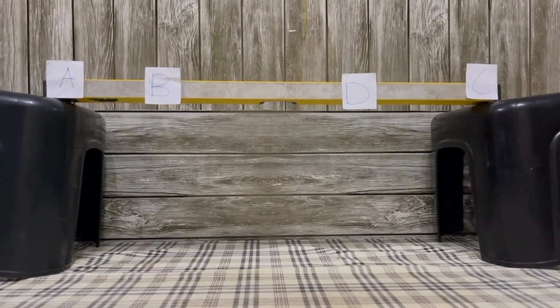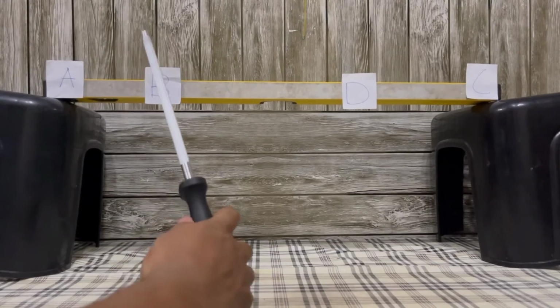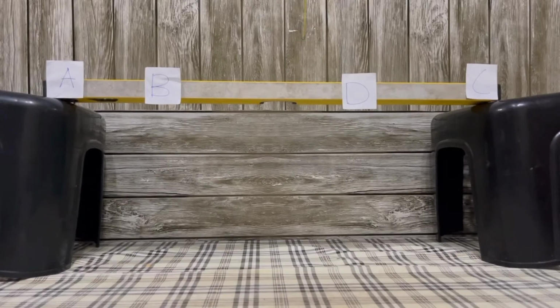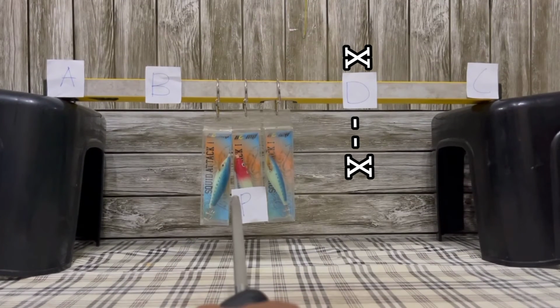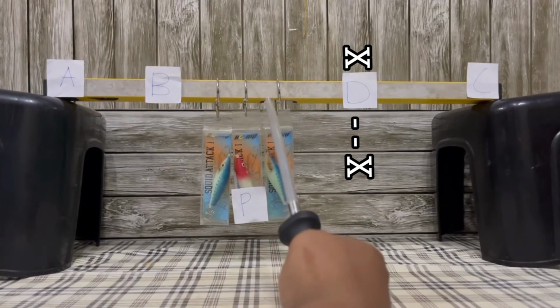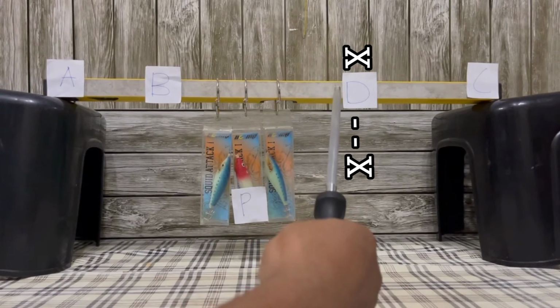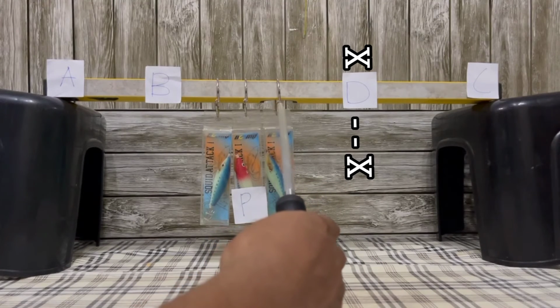For the experiment on bending moment due to uniformly distributed load, the setup is like this. This is point A, point B, point D, and point C. The section XX is at point D. The first step is to put 3 masses of load P between point B and point D, with the distance between the loads the same.